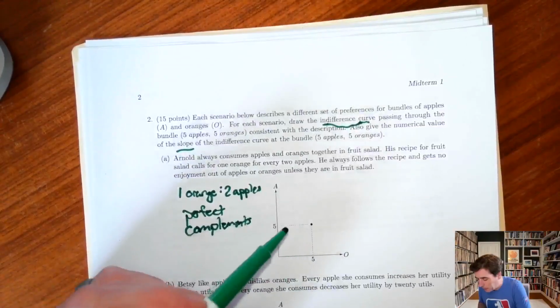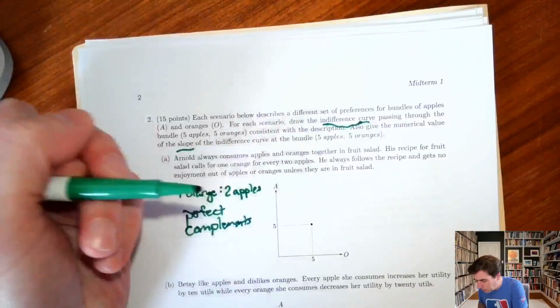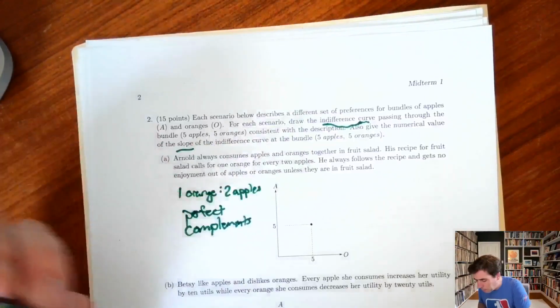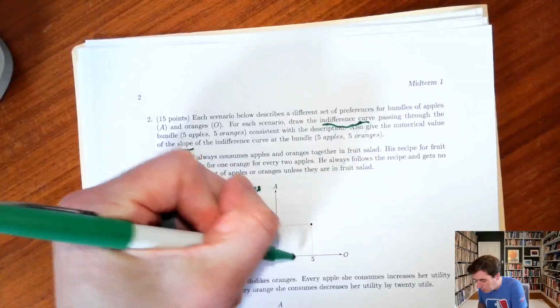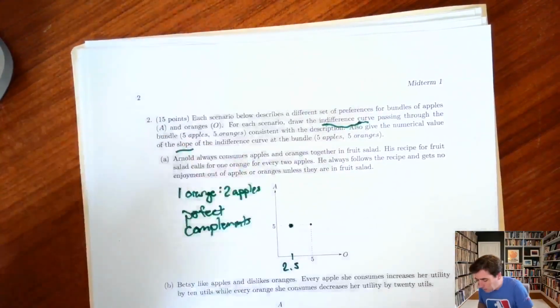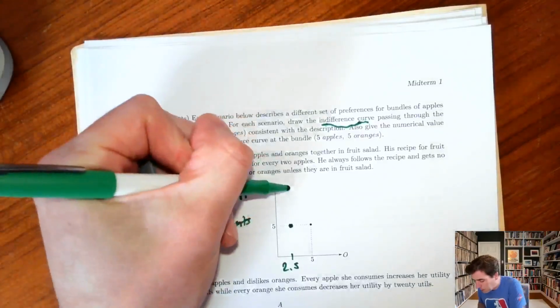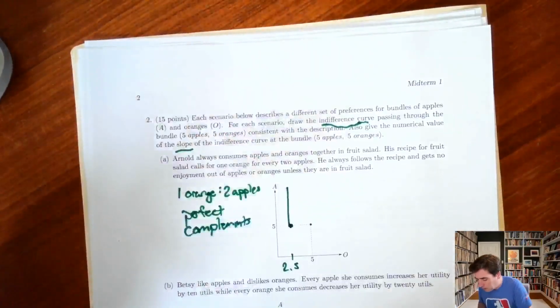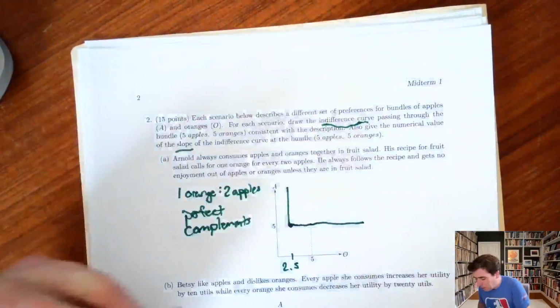So it's actually going to be the apples that's constraining me here. And so if I have 5 apples, the most I can consume in terms of oranges is going to be at 2.5, and so that would be how many oranges I would use for those 5 apples. So that's part of my indifference curve here. And then the rest would extend out that way.